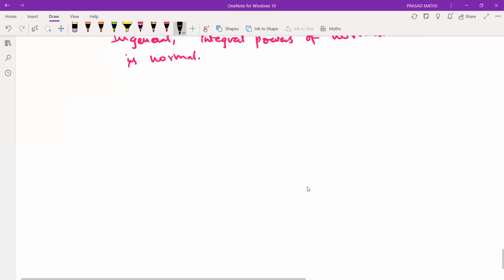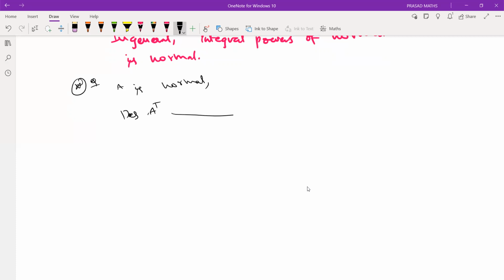Next, look at the transpose. Suppose A is normal. What about A transpose? Does it mean that A transpose is normal? As you know that A is normal, therefore A into A theta and A theta into A are both the same. Now take the transpose on both sides.